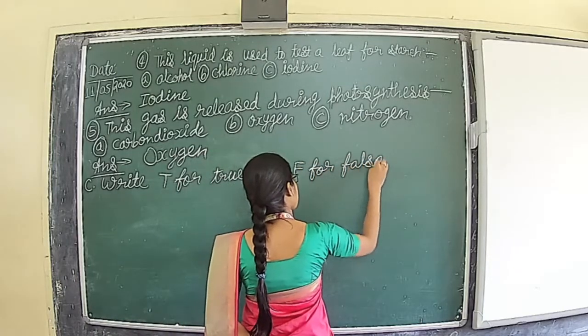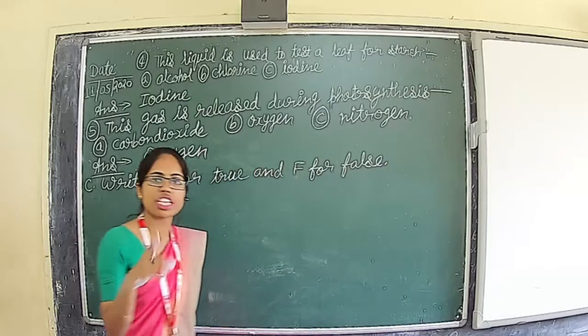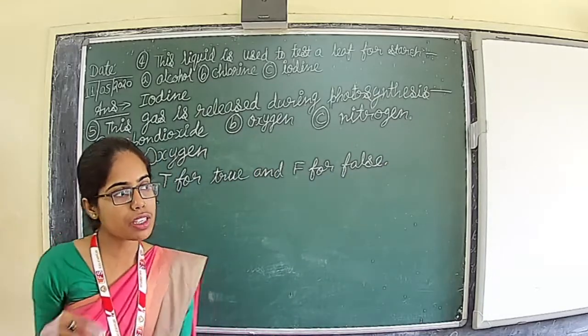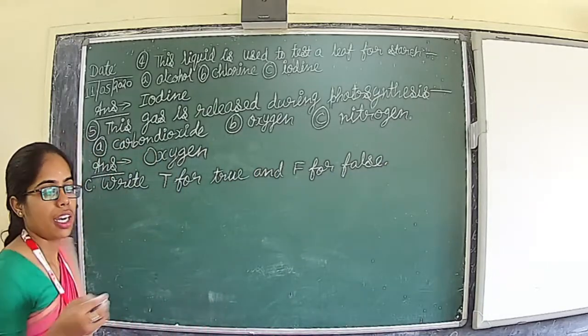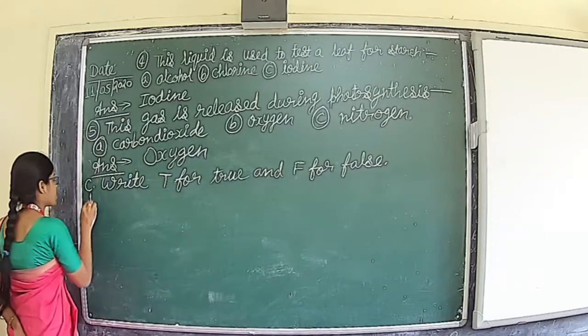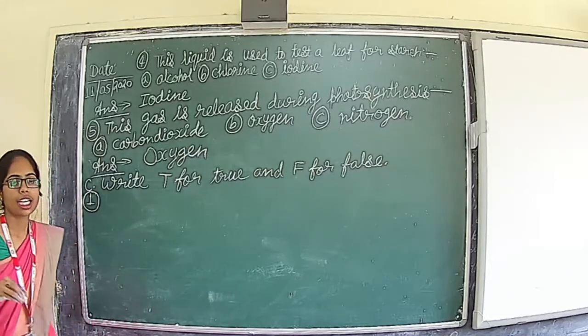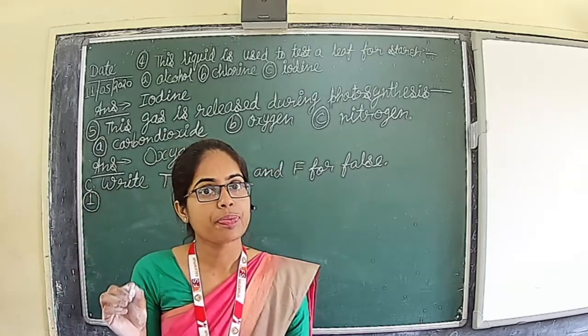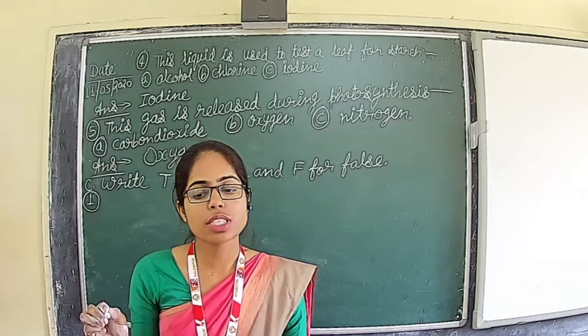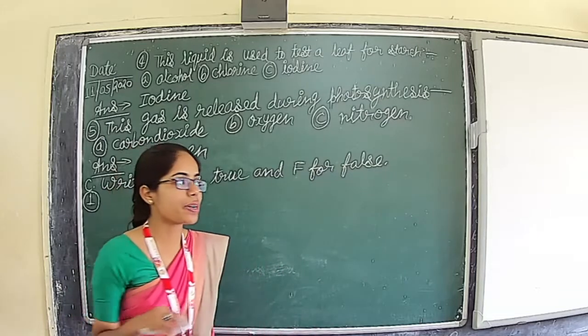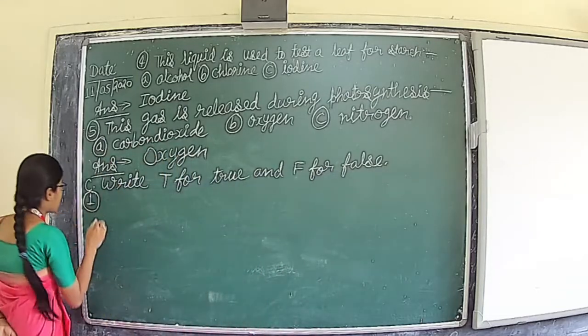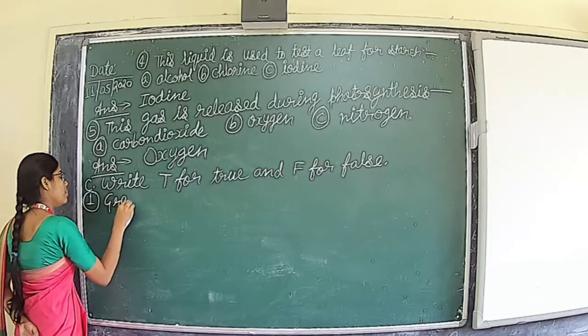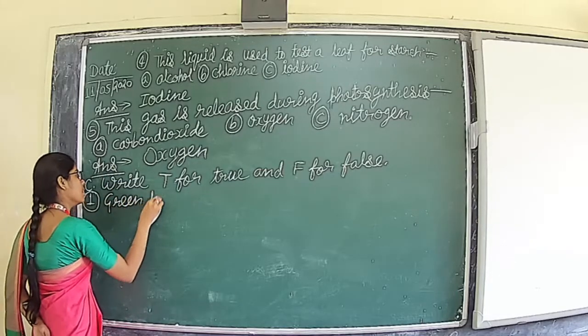It means if the statement is true or correct, then we have to write T, and if the statement is wrong, we have to write F. Let's see the first question. The first question is, green plants are the main producers of food. Please note it down with me.